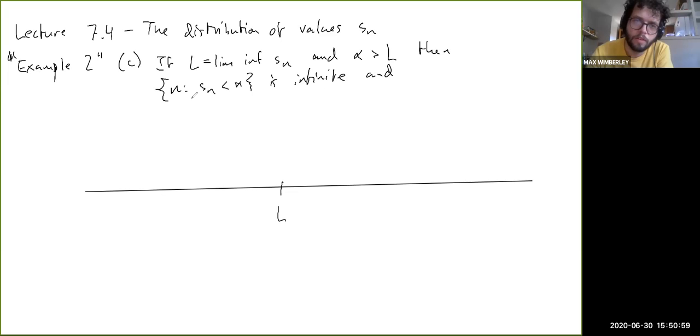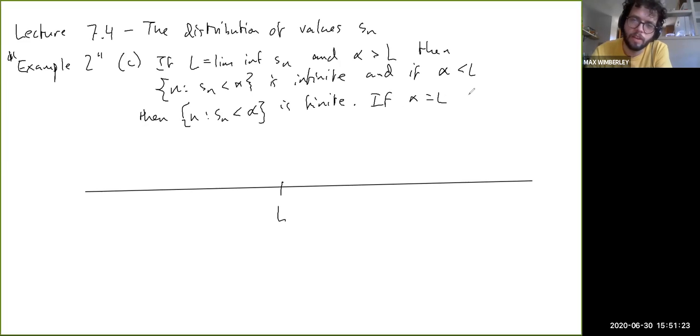And if alpha is less than L, then the set of n for which Sn is less than alpha is finite. And similarly, if alpha equals L, then the set can be either, right?